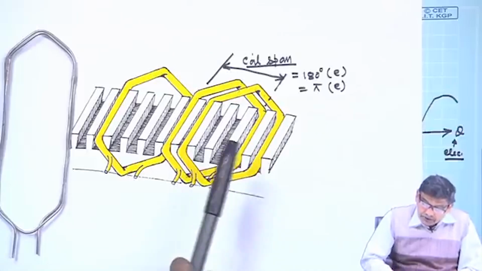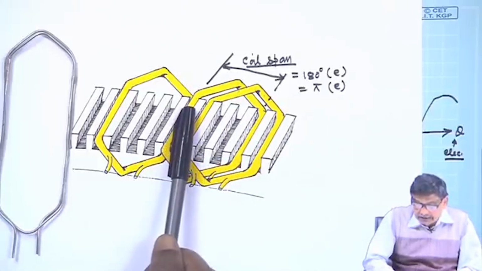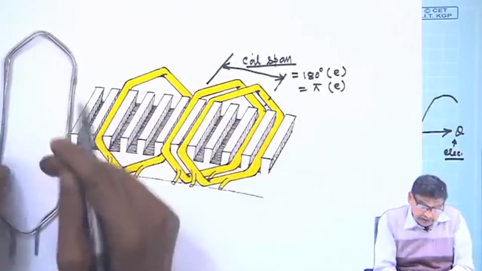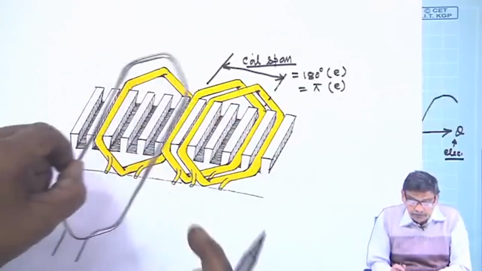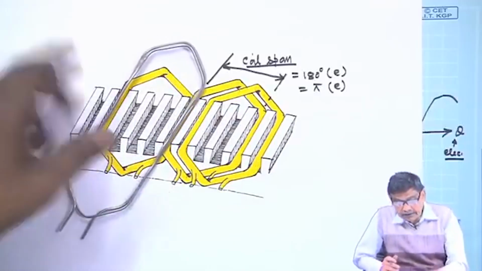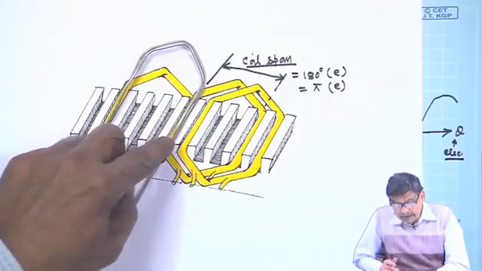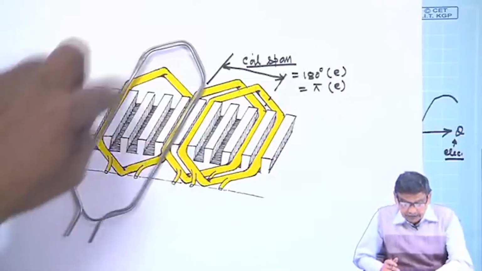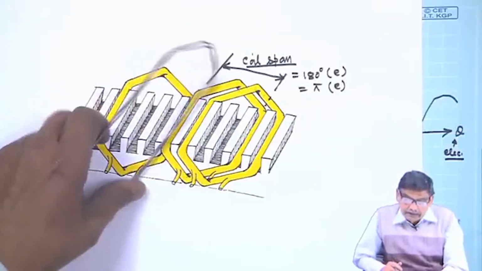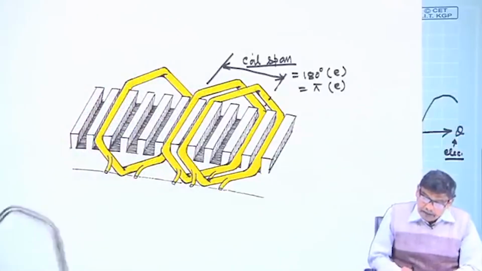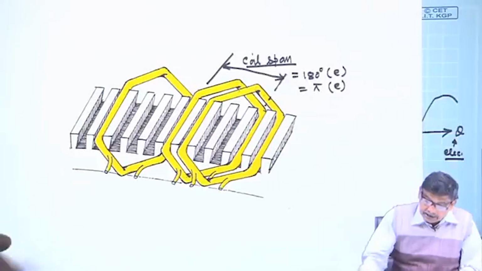Therefore, I ensure that one coil side, so this is one coil side, this is the other coil side. If one coil side is under the north pole center, then the other coil side, its return, should be under the center of the south pole, and this should be 180 degree electrical.